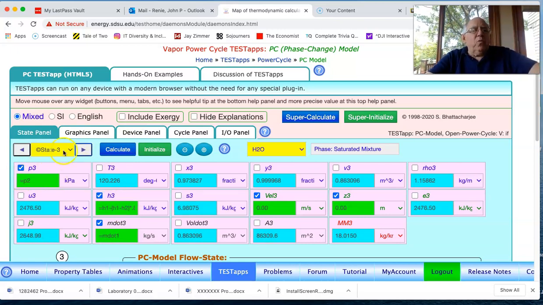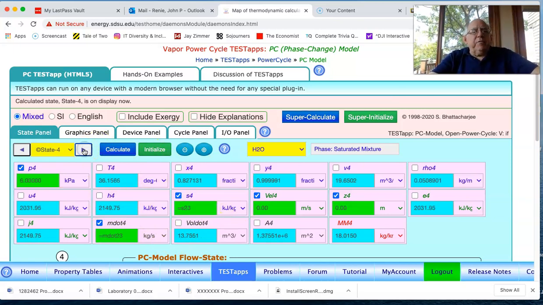State 3 then was the real condition at the same pressure, at pressure 2, at the same m dot, but now my enthalpy is the real enthalpy. It's no longer the isentropic process, but rather it is H1 minus the isentropic work times 0.8. And so that's my real state 3.